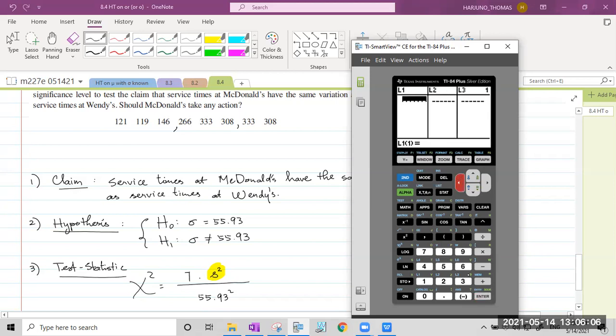Okay, let's do it in list 1 then. 121, 119, 146, 266, 333, 308, 333, 308. Okay, and then stats, calculate, one var stats, list 1.